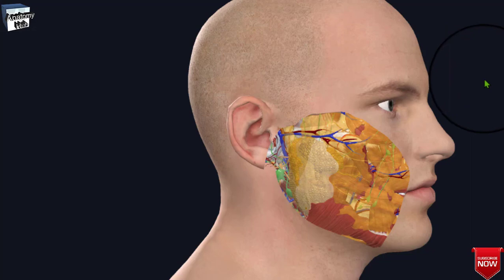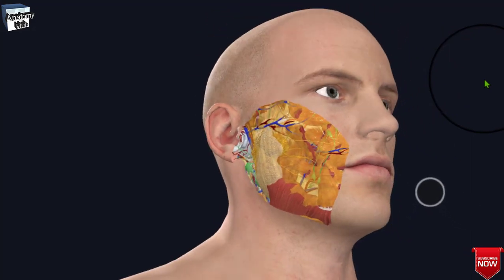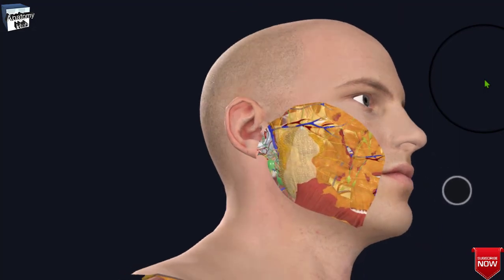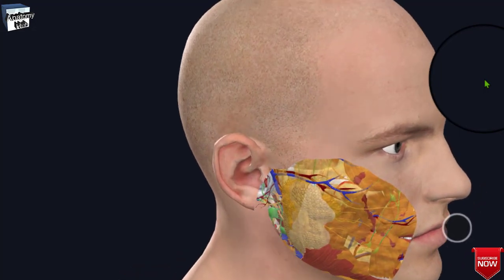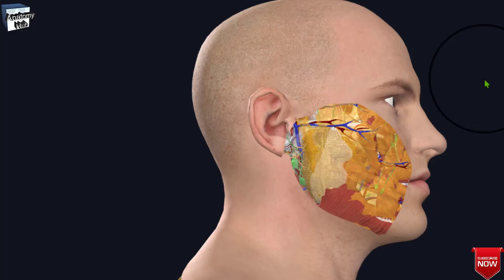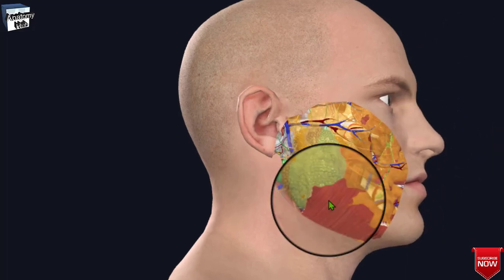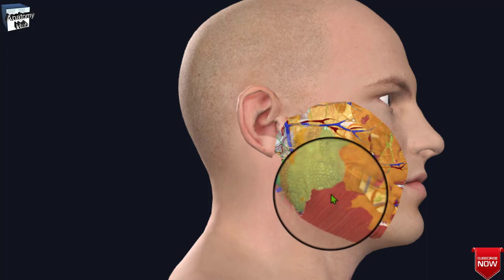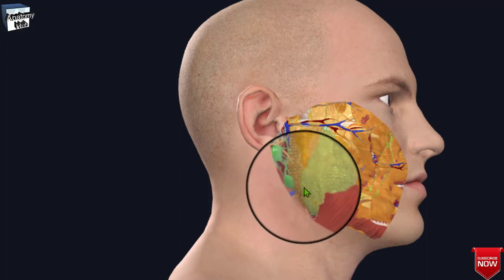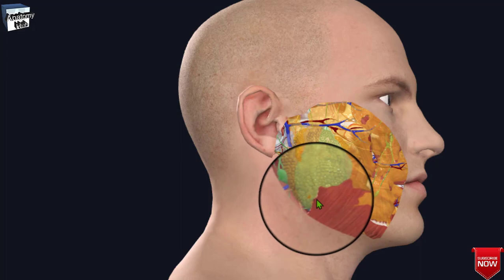superficial fascia. Here you can observe the superficial fascia that is derived from the investing layer of the deep cervical fascia. It comes upward, covering deep to the platysma muscle, then ascends and attaches to the base of the mandible.